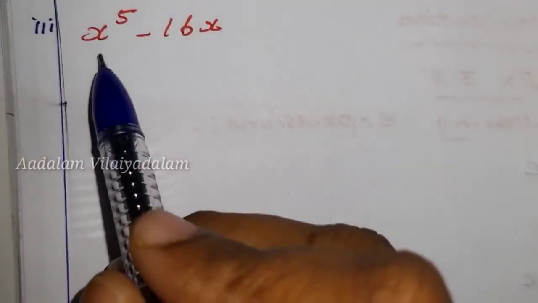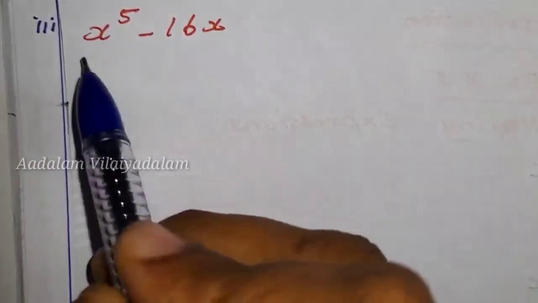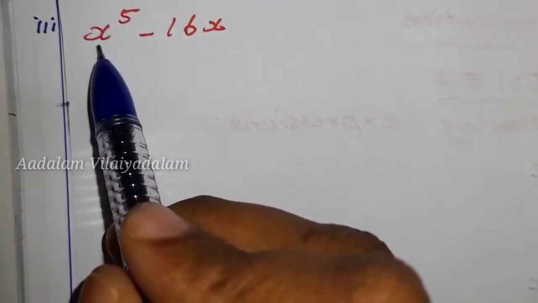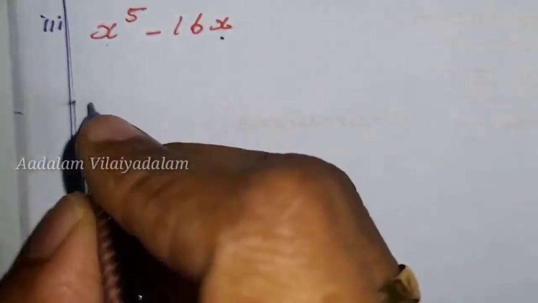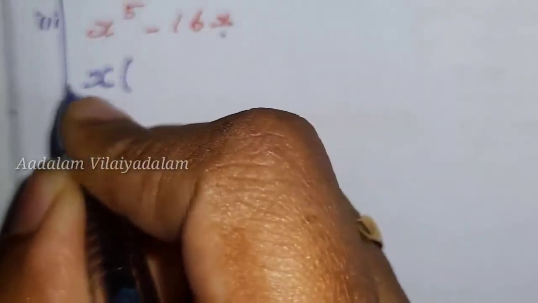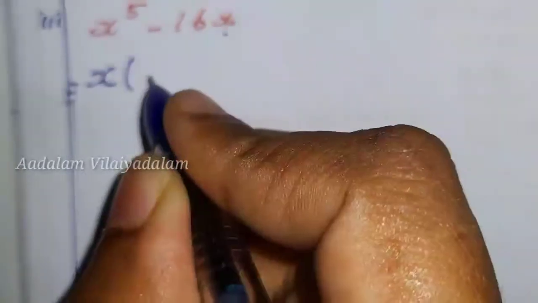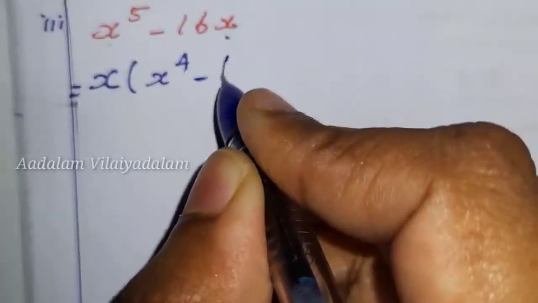Third question: x power 5 minus 16x. Here first take the common term. Here 1x is common, and in the second term also 1x is common. First we take the common term outside. What is the remaining one? x power 5 is there, we take 1x, the remaining is x power 4 minus 16.